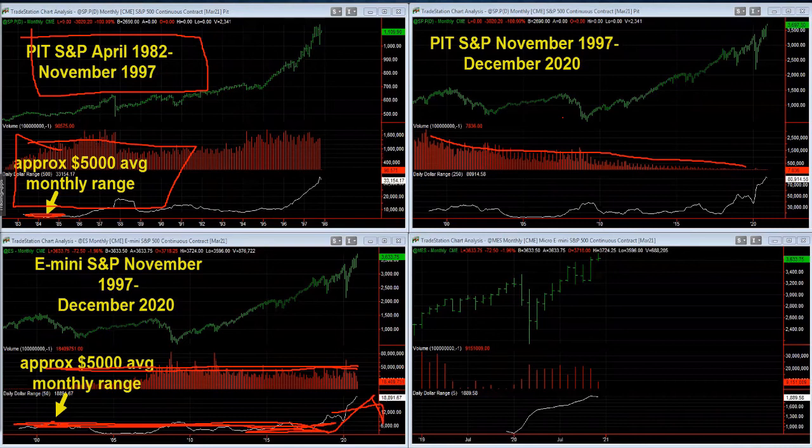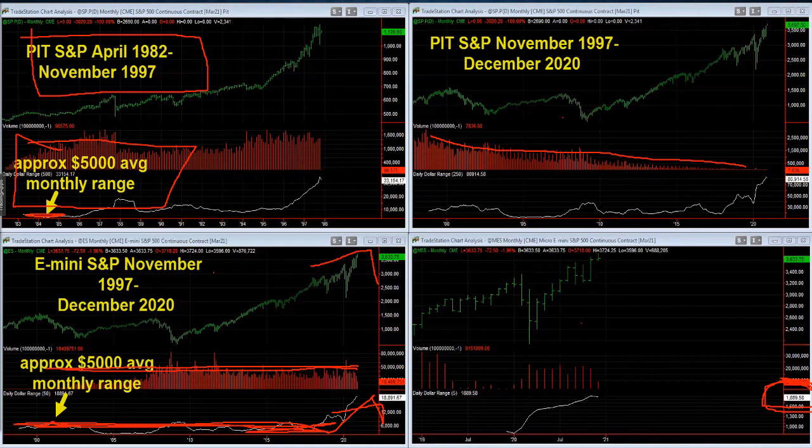And then now the micros, could that be the new contract to trade? It's more accessible to more traders over time as the indexes go higher and higher, and volatility goes higher and higher. So this level is only about 1,800. So it's not quite at 5,000, and the liquidity is still more favorable on the E-minis, but the micros are still there.